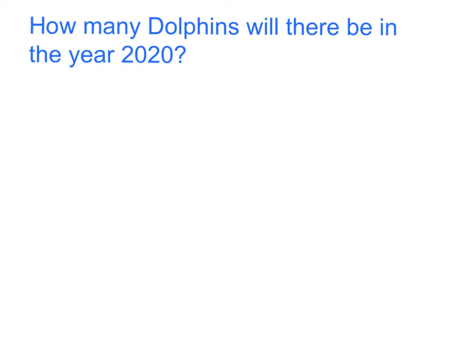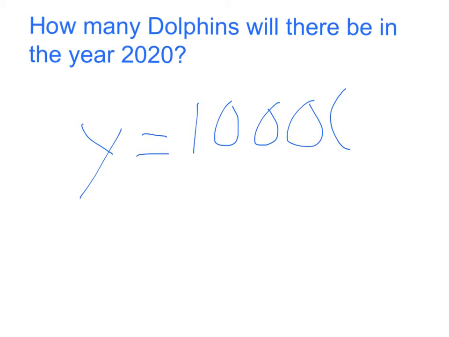How many dolphins will there be in the year 2020? So you have to do y equals 1,000 times 1.1, and since it's every 6 months, you have to do it to the 40th power.